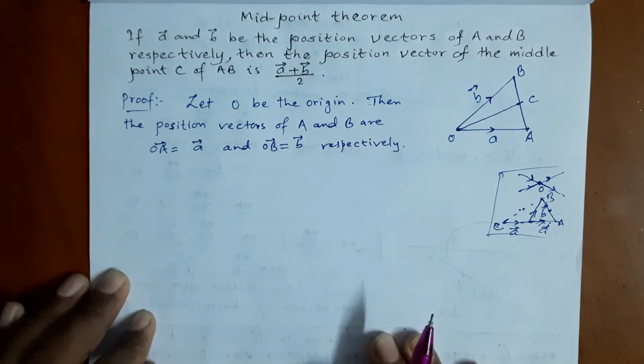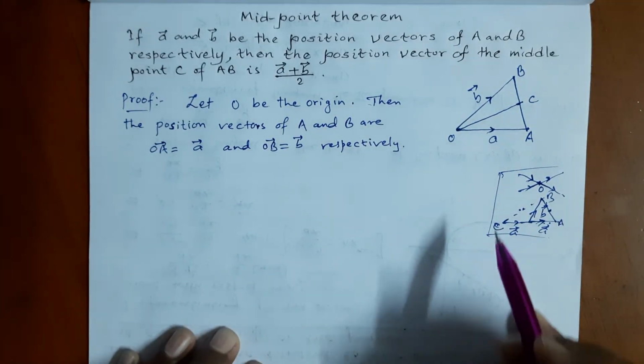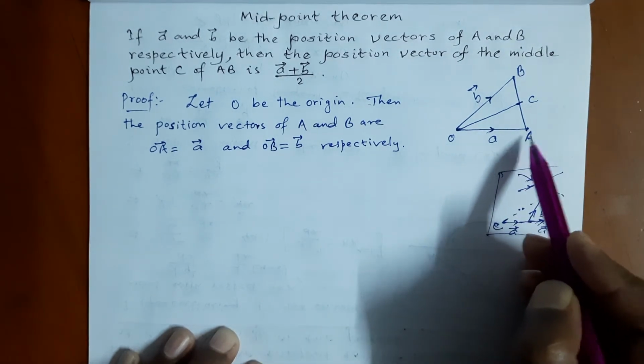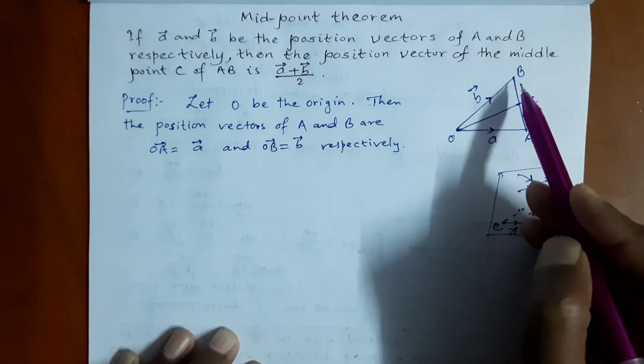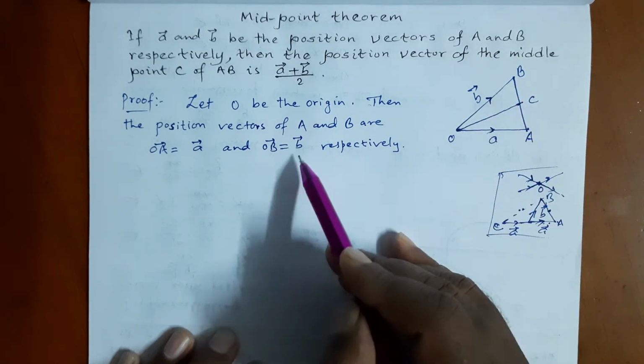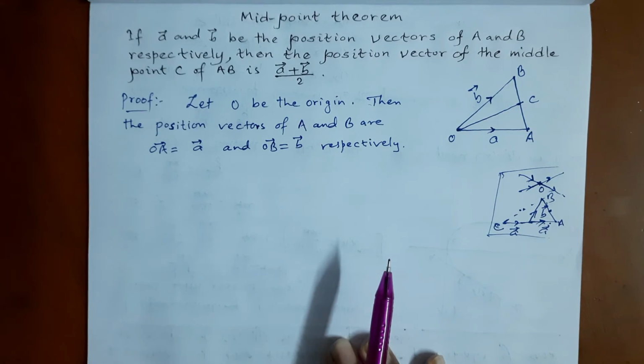Here the position vector of point A is vector OA, that is vector A, and the position vector of point B is OB, which is vector B. This is given in the statement.